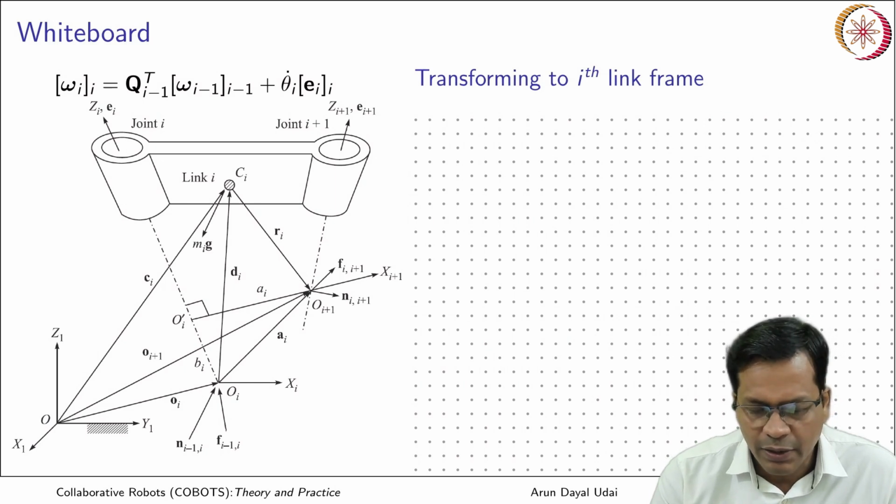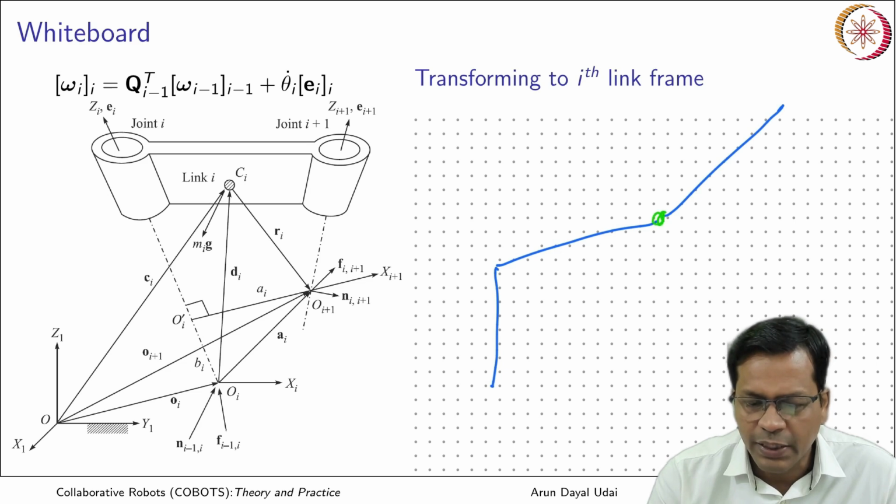Let's say you have a link here, and any vector is represented in the ith frame, so this is the vector. There is a matrix Qi minus 1 which takes you from here to here.